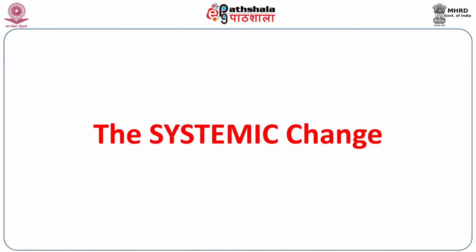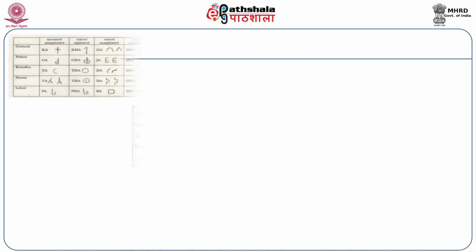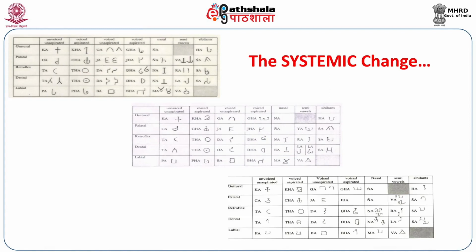Likewise, if you take a snap of the middle Brahmi script and then compare it with late Brahmi, there will be different snaps. Not only individual paleographic characteristics are considered in understanding systemic change, but also the overall structure of the script is compared. And if we find that these two structures are completely different from each other, then we call it a systemic change. If we look at the first structure and then compare it with the second one, we find that these two are completely different from each other.